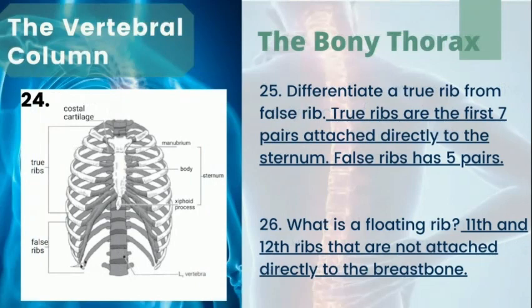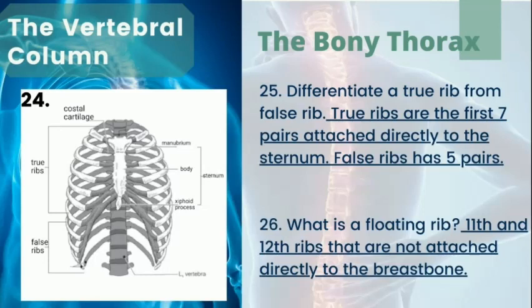Next, shown here on number 24, on the right side, we have the costal cartilage. Below are the 7 true ribs and 5 false ribs. And on the right side here, the sternum: manubrium, which forms the superior wall of the anterior mediastinum and its superior border.